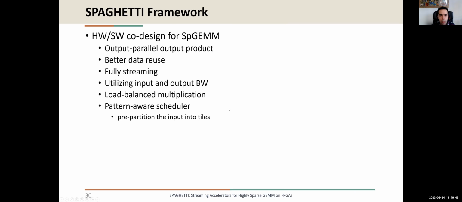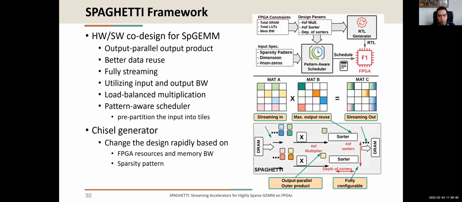All right, so with this architecture and the scheduler, we proposed Spaghetti. So this is the architecture. We have an RTL generator written in Chisel. Chisel is a high-level hardware description language embedded in Scala. We have this pattern-aware scheduler.